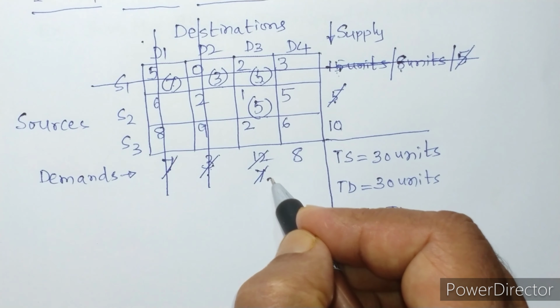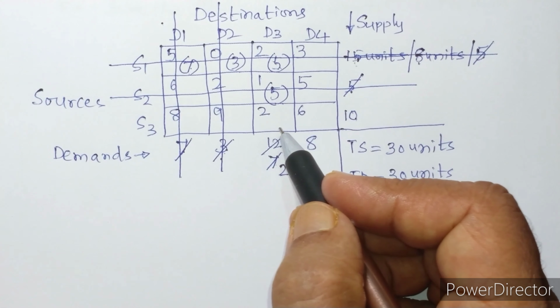And once the supply is exhausted, remove the particular row. And now at the end, there will be only one row or one column left when you go on doing the allocation like this.